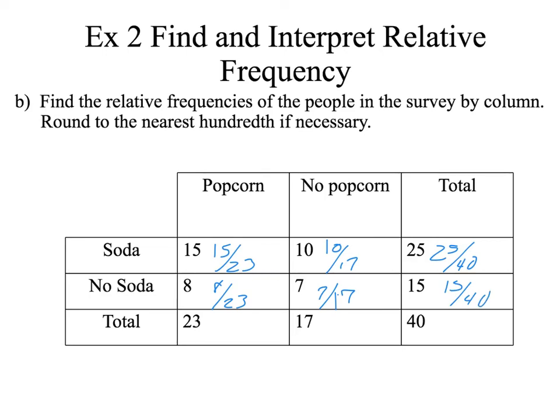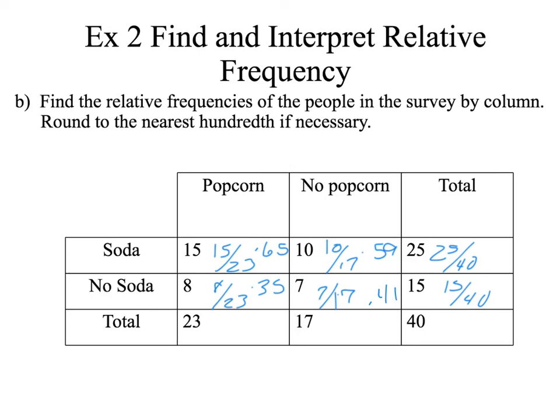So 15 divided by 23, we're going to get 0.65. 8 divided by 23, we're going to get 0.35. 10 divided by 17, 0.59. So 7 divided by 17, we get 0.41.